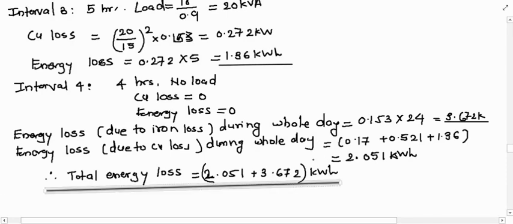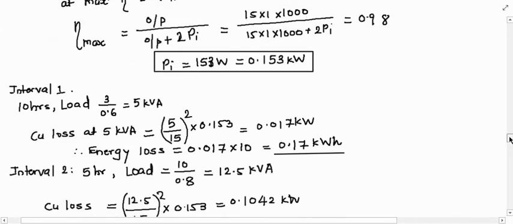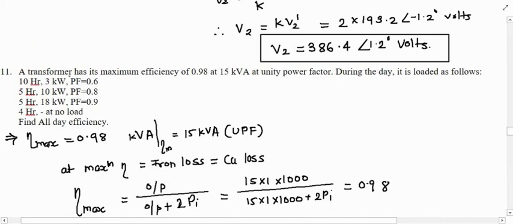Okay. Now, what is the total output during the whole day? How do we find the total output? See, these intervals are given to you. Output is kW into hours. So 10 into 3 plus 10 into 5 plus 18 into 5 plus 0 into 4, that is 0.